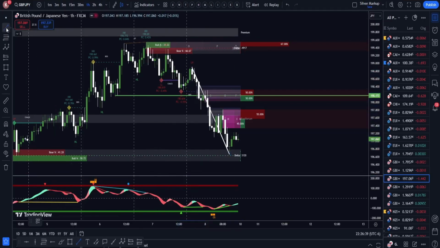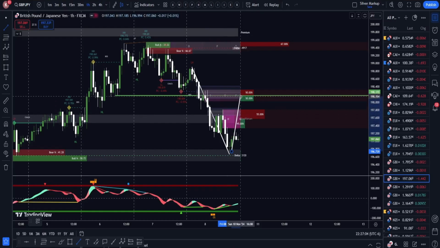So where is the market going to go from here? I believe, you see the equilibrium is right here. I'm always going to trade above or below the equilibrium in a market structure dynamic. The equilibrium being here also could be a little baby consolidation.